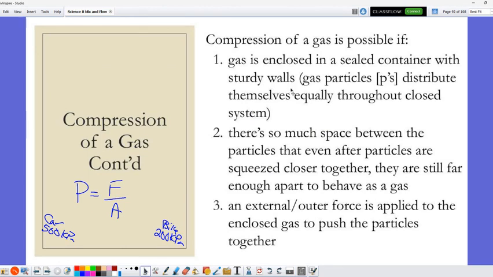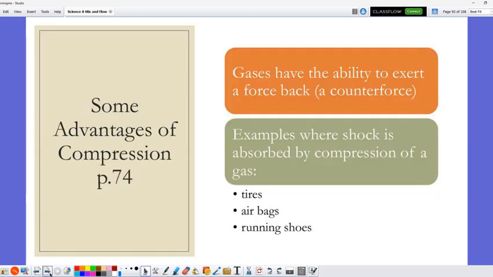If you do it in a balloon, the balloon just squishes out the other side, but if it's in a syringe, it would work. There's also so much space between the particles that even after they are squeezed closer together, they're still far enough apart to behave like a gas. An external or outer force is applied to the enclosed gas to push the particles together. Gases have the ability to exert a force back.